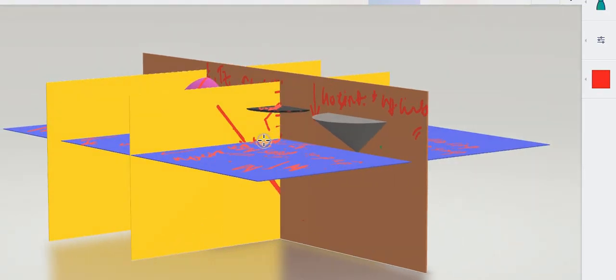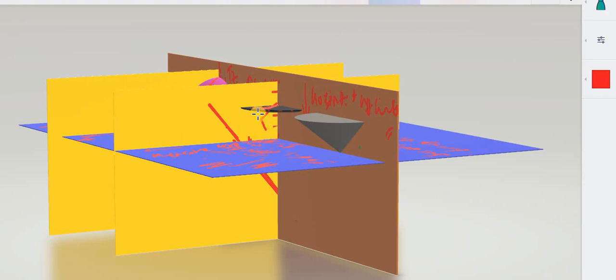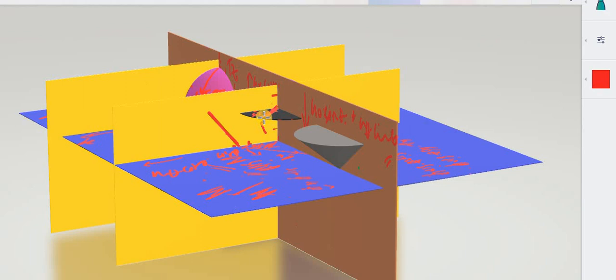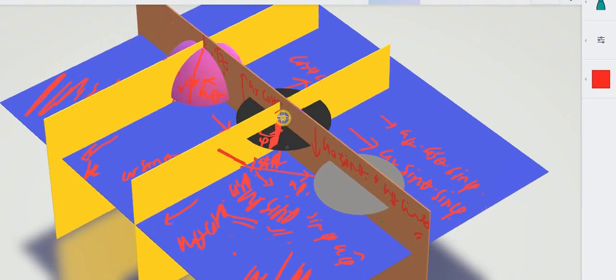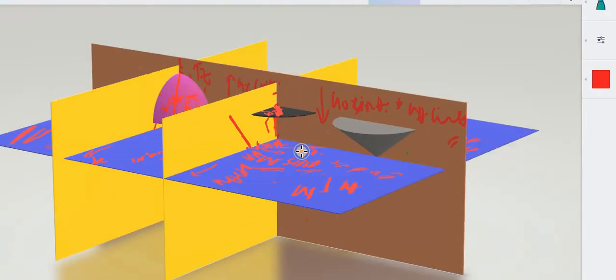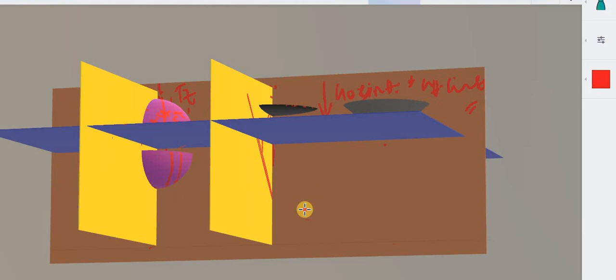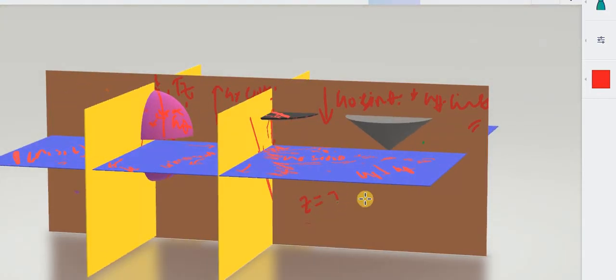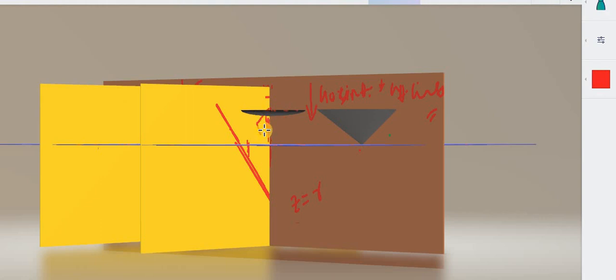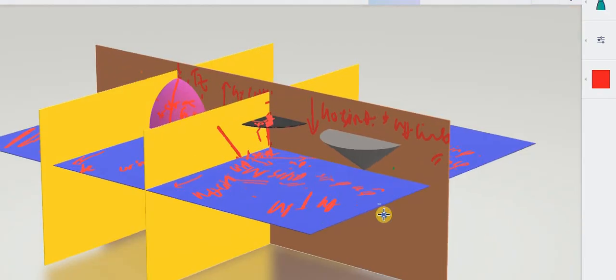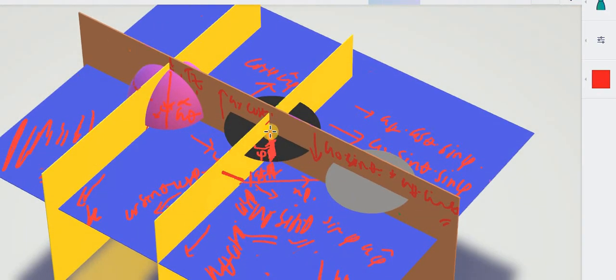So here we will get the relationship between R and theta. This component Z equal to R cos theta.